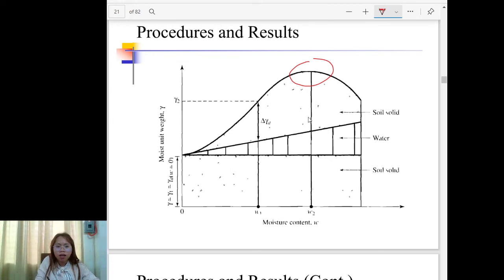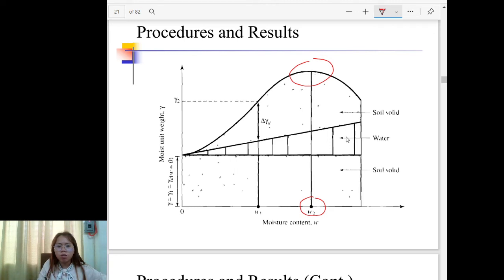This is the maximum dry density, this point here. This is the representation of increasing water, and this is actually your optimum moisture content, at which your dry density is maximum.